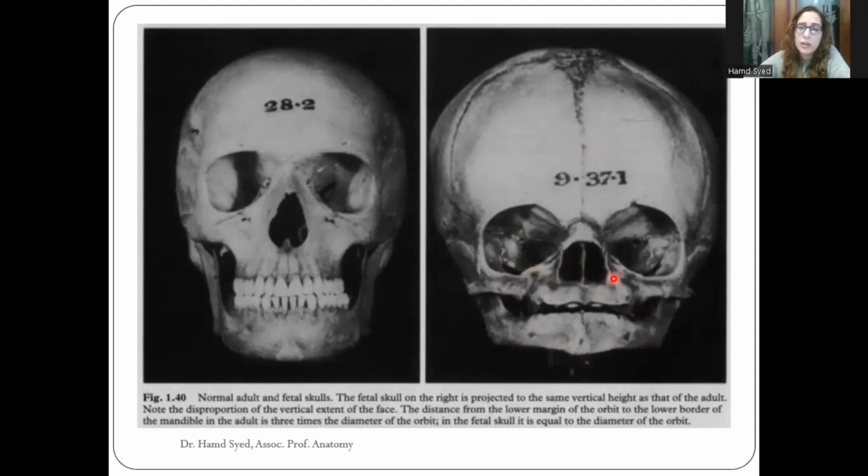The maxillary and frontal sinuses are all underdeveloped. All of these factors contribute to the difference in the appearance of the newborn skull from the adult skull. And another difference, you can see the metopic suture over here, which is not present in the adult skull.